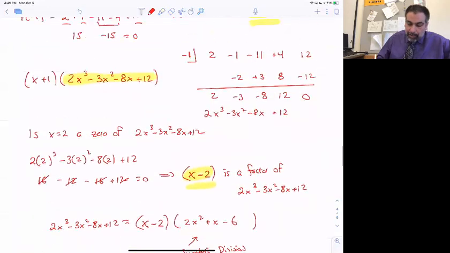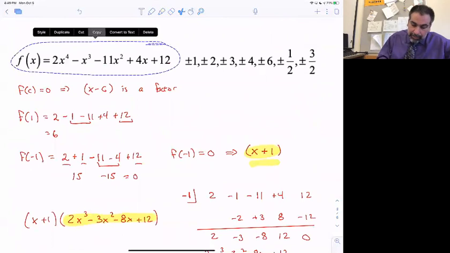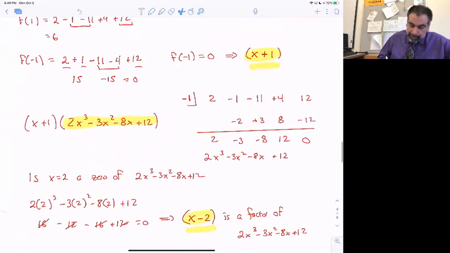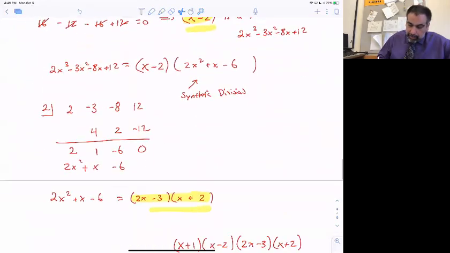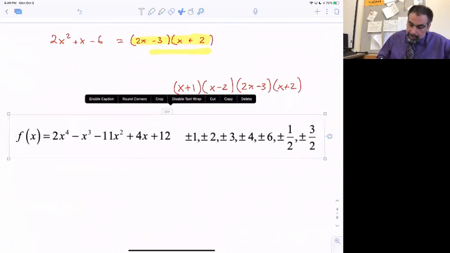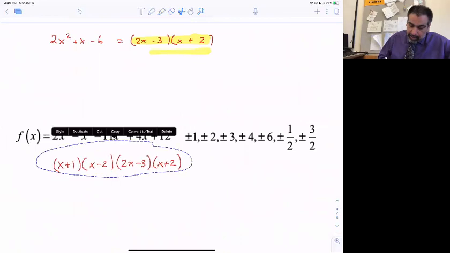And those are the factors when we factor this expression out completely. Oops, I missed that one. We factor this expression out completely. So let's just copy that whole thing. So this is it. These are the factors of f of x.